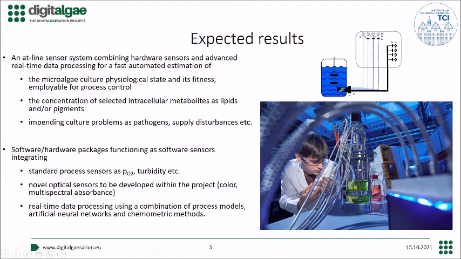And you see the application down here in the picture where we built up such a sensor already for another project concerning bacterial cultivations. And this is what we want to adapt now for the microalgae cultivations and combine it with the other sensors that are present here for oxygen concentration, turbidity, and other UV-vis sensors.